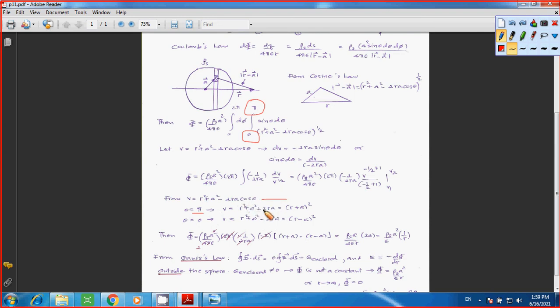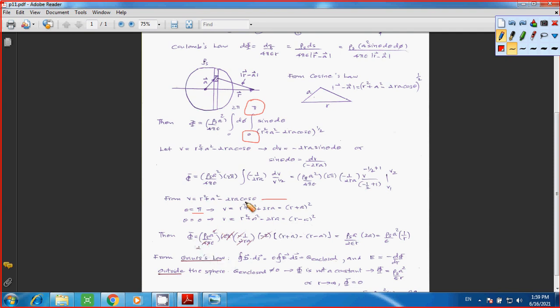This gives you plus 2ra, or r squared plus a squared plus 2ra, that gives you r plus a squared. For theta equal to 0, this term becomes 1, so you have a negative sign here, and you end up with r minus a squared.